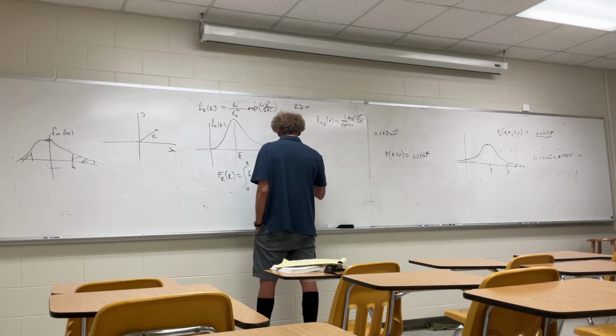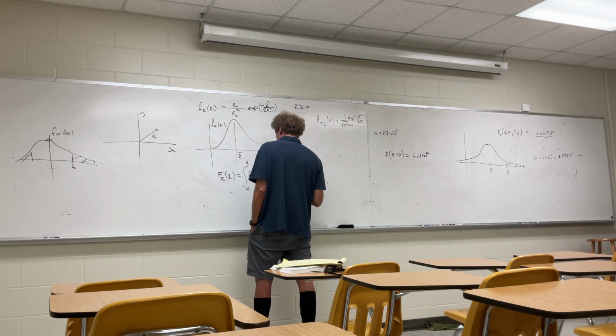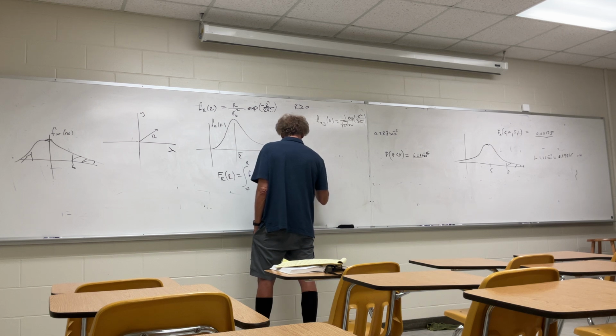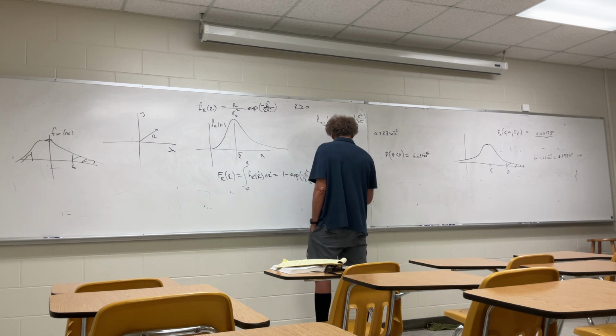You're going to get 1 minus exp to the minus R squared over 2 sigma squared. This is sigma x or sigma y squared, not sigma R. And that's true for R greater than or equal to 0.